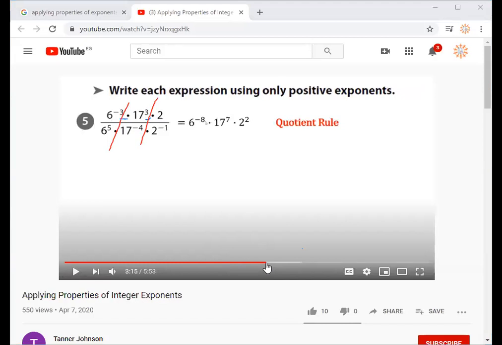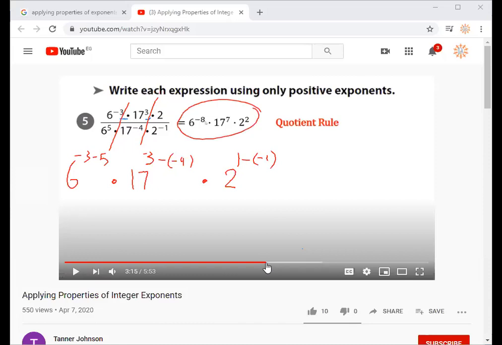So it will be 6 to the power of -3 minus 5, 17 to the power of 3 minus -4, 2 to the power of 1 minus -1. Then we divide the same base. Did you understand me?